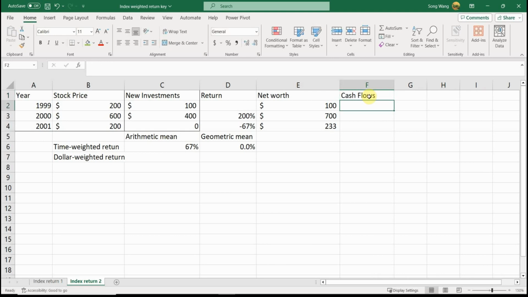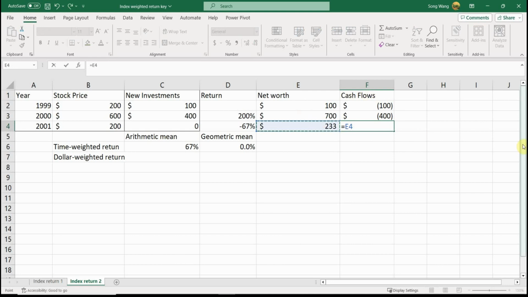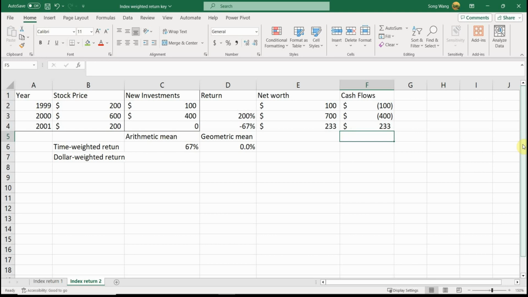Your cash flow at the very start is negative 100, and then you invest another 400 without claiming your profit. You just have another negative cash flow, and then at the very end you have $233 left, and you're going to cash it out. Okay, so this is your cash flow.